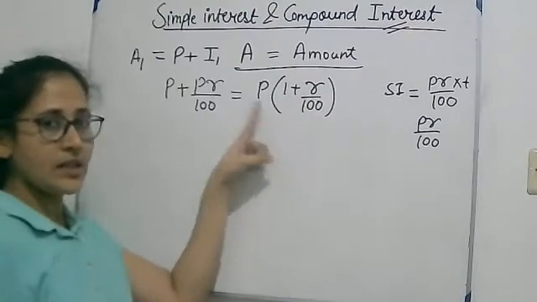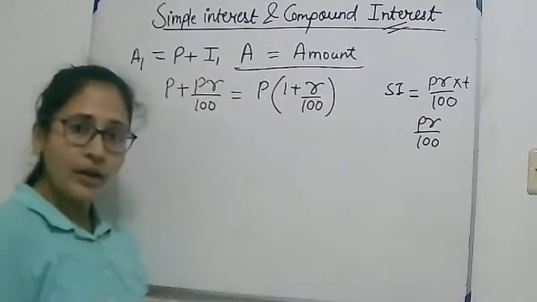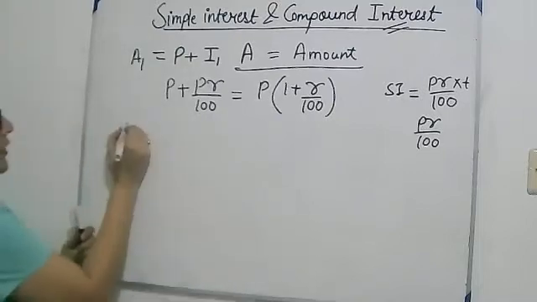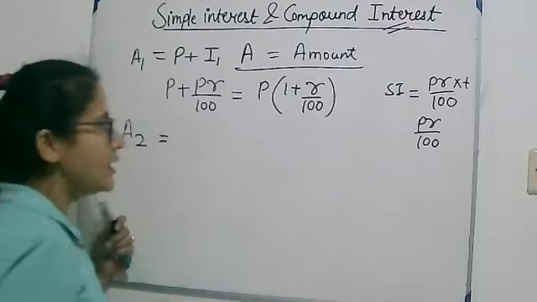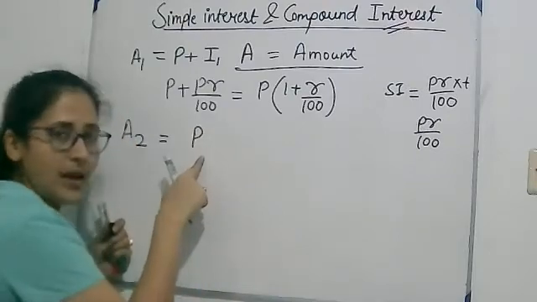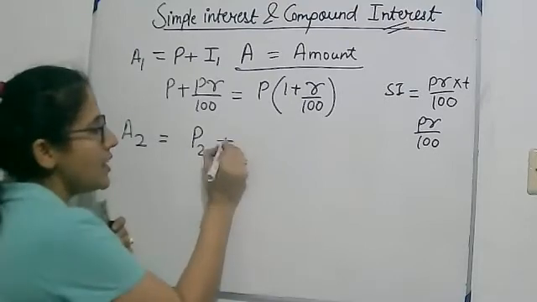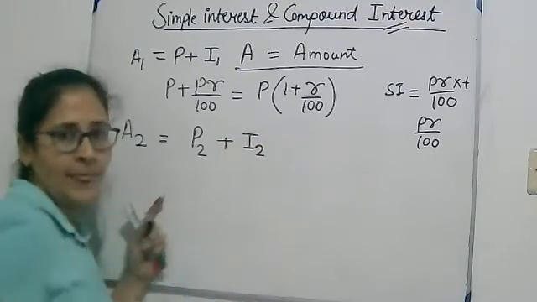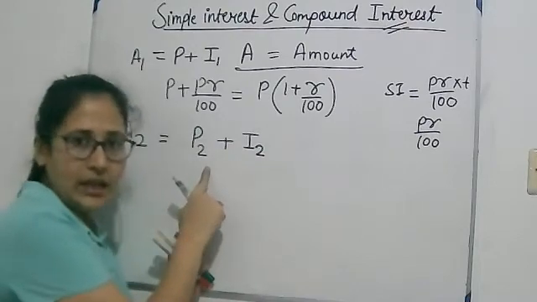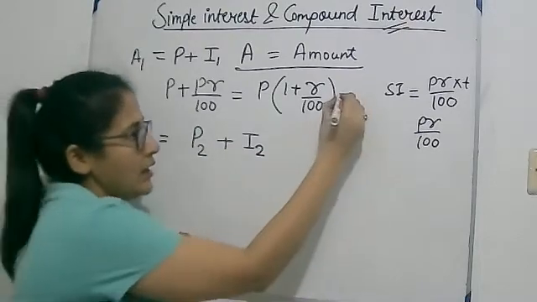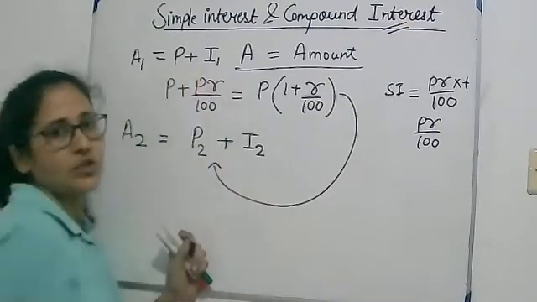So this is the amount which we have to pay in the end of the first year. And what is this? This is the principal amount plus the interest of the first year. So what I told for the second year, the amount which we have to pay in the end of the second year will be the principal amount of the second year plus interest of the second year. And what I told before, principal of the second year is the principal amount of the first year plus interest of the first year.